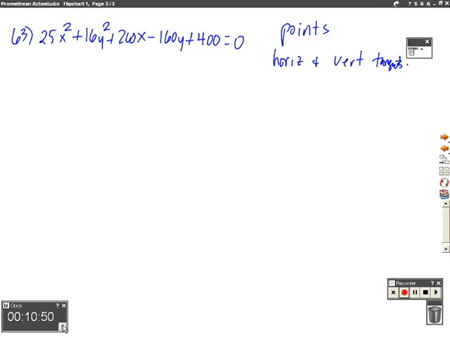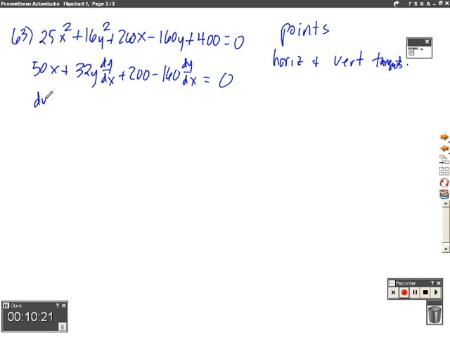Alright, here we're looking for horizontal and vertical tangents, which is what we did today in class. We know that to get the horizontal tangent, we're going to need to set the derivative equal to 0. So let's find the derivative. 50x plus 32y dy/dx plus 200 minus 160 dy/dx, and the derivative of 400 is 0.